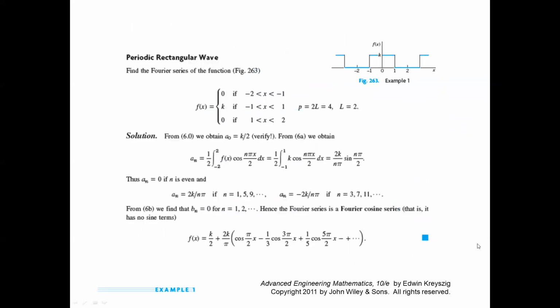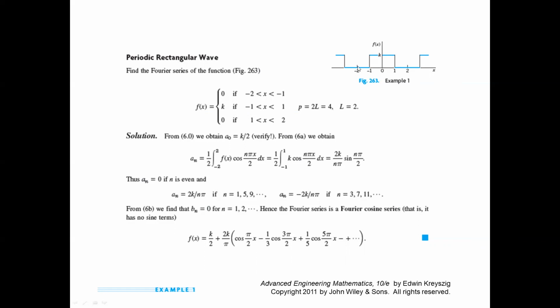Now we are ready to see some examples. In this example, we have a sketch, and we can convert this sketch to this representation. It's piecewise continuous with a period equal to 2L equal to 4.